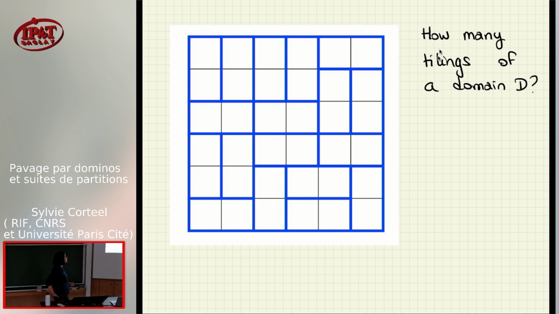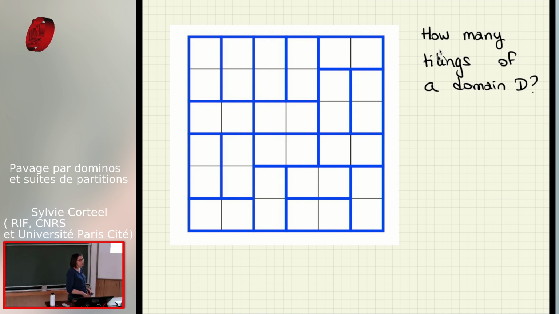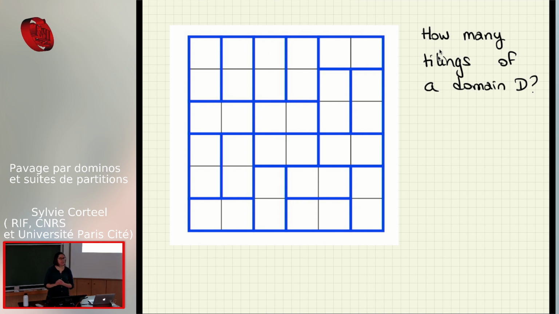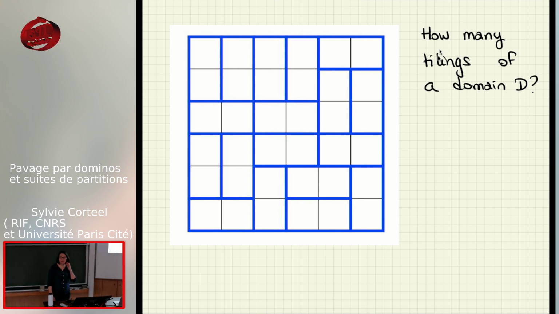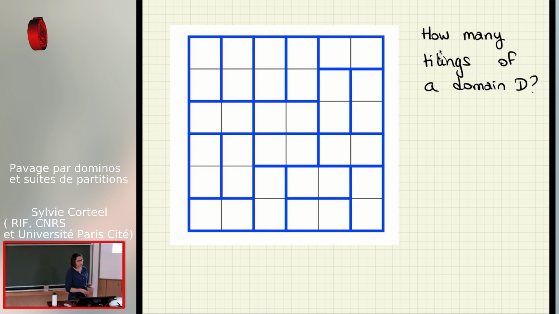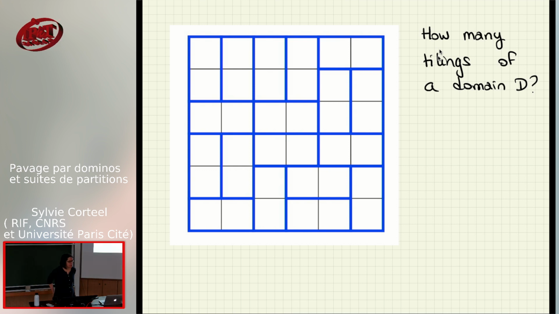But I don't want to answer the question, is it tileable or not? I'm an enumerative combinatorialist, so my question in general is how many tilings of a given domain? I choose a domain where I know it's always tileable, and I'd like to answer how many tilings of a domain can I have.